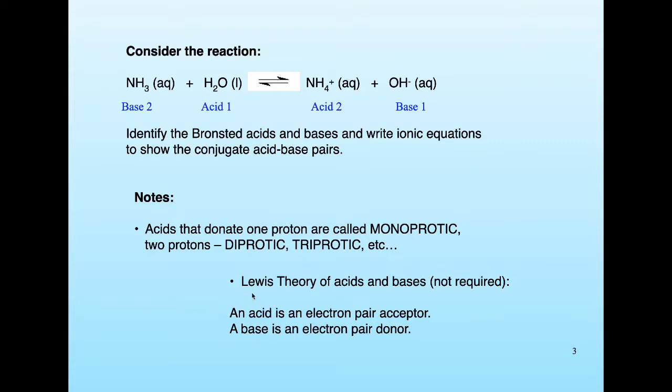But the idea in Lewis' theory is that an acid is an electron pair acceptor and a base is an electron pair donor. So there doesn't even have to be a proton involved technically. But don't worry too much about that. I mention that just so we're complete.